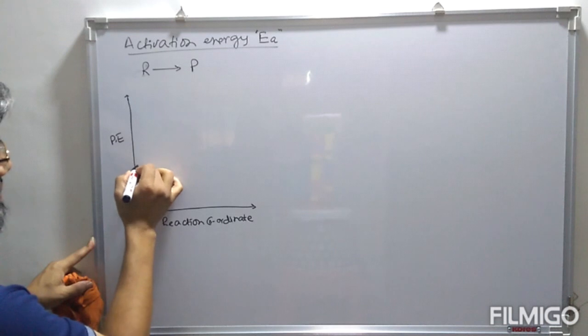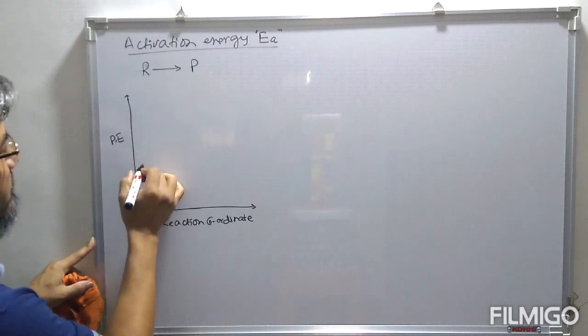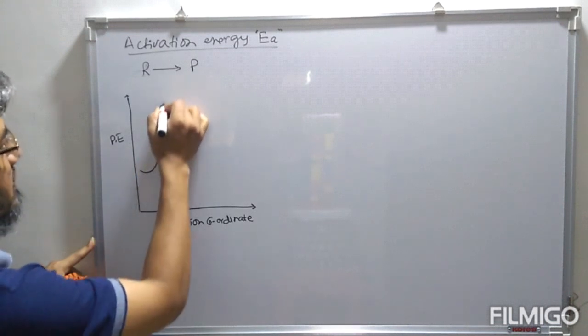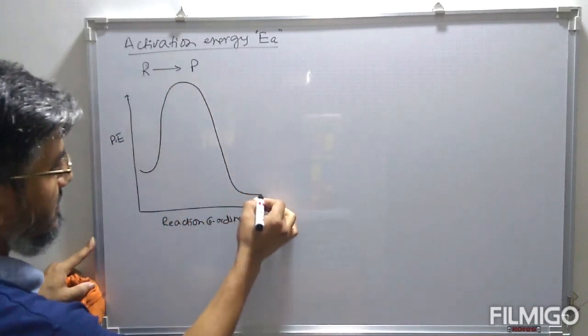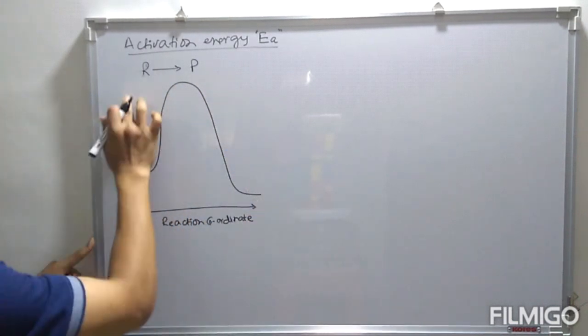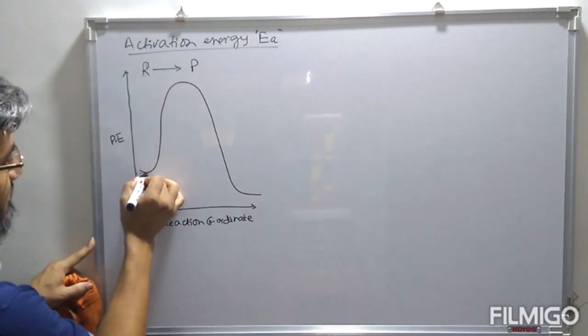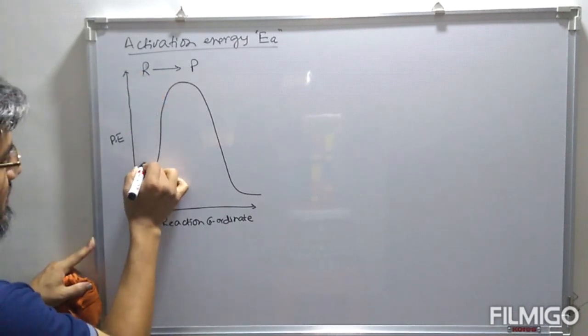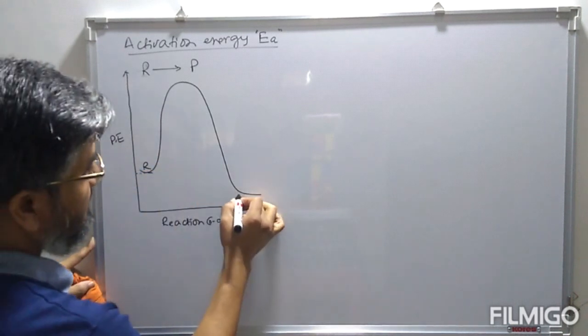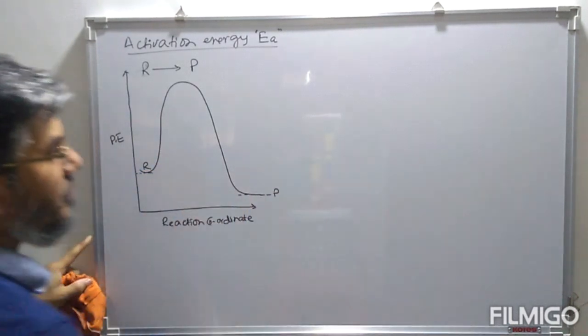Suppose initially this is the energy of the reactant, it increases, this value. This is the reactant R, this is product P.